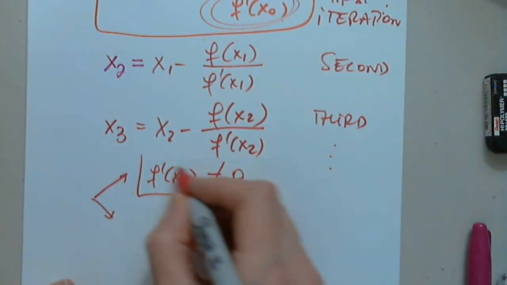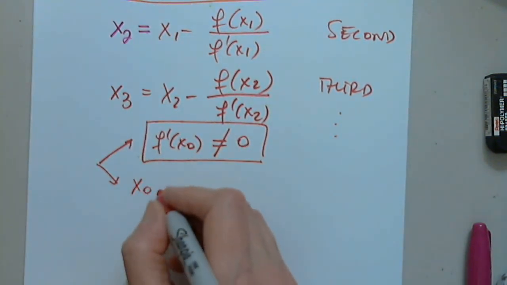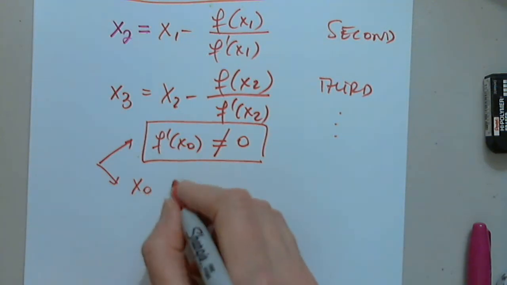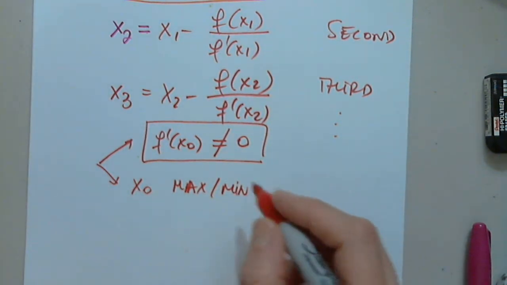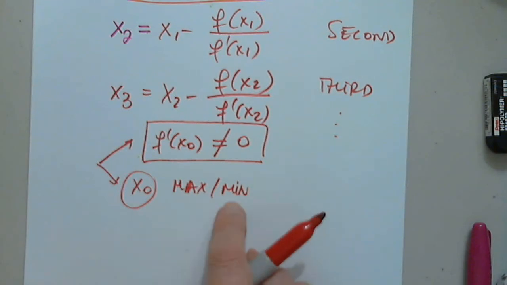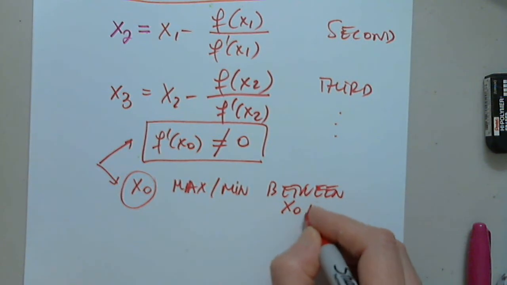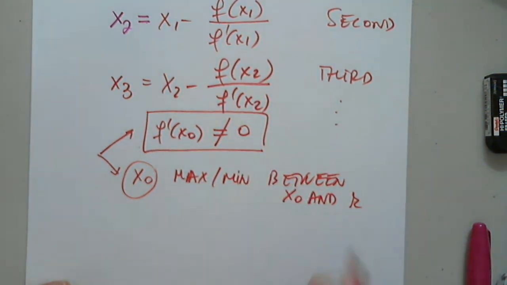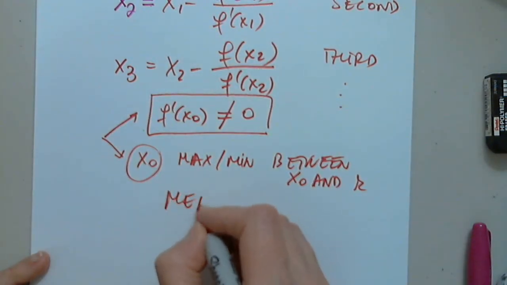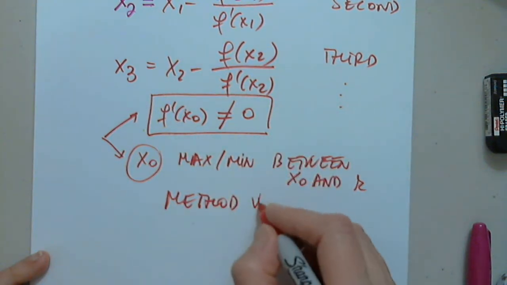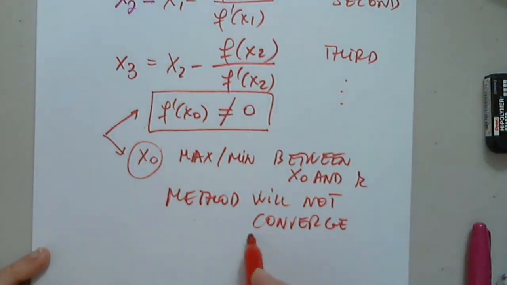So make sure that this is the case, and make sure you do not pick x0 in such a way that there is a max or min between x0 and r, because it will go in circles and it will not converge. The method in these cases will not converge to R, to what we are trying to find.